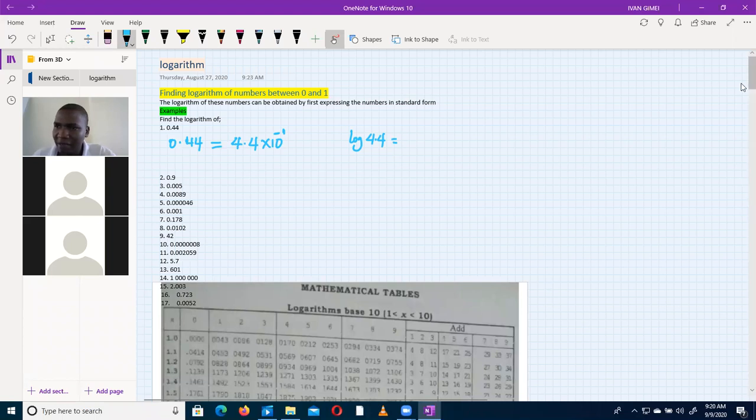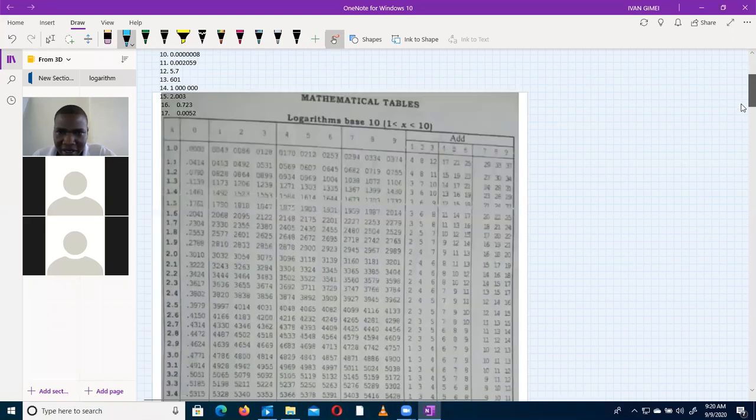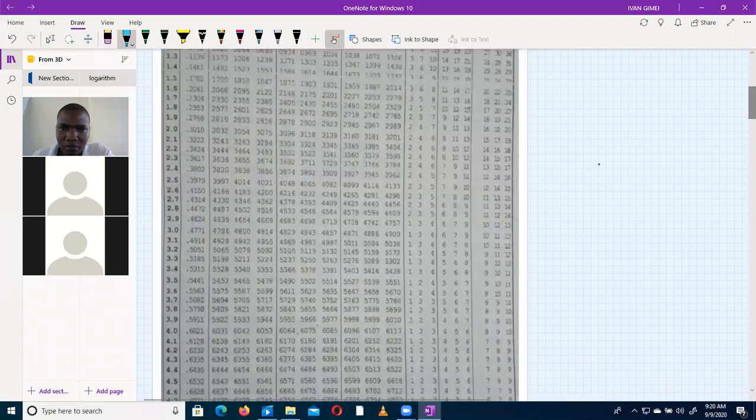We did this last time. What's the logarithm of 4.4? Yes, Martin.